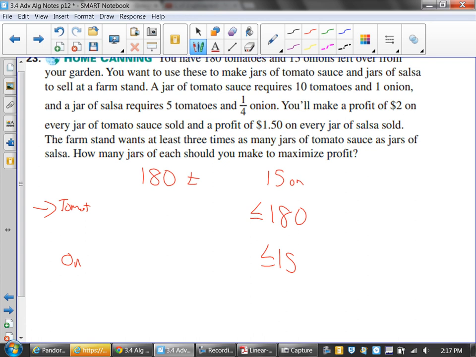So here's what we have. I know that to make tomato sauce, I need 10 tomatoes, and to make salsa, I need 5 tomatoes. To use the onions, I need 1 here and a quarter here.